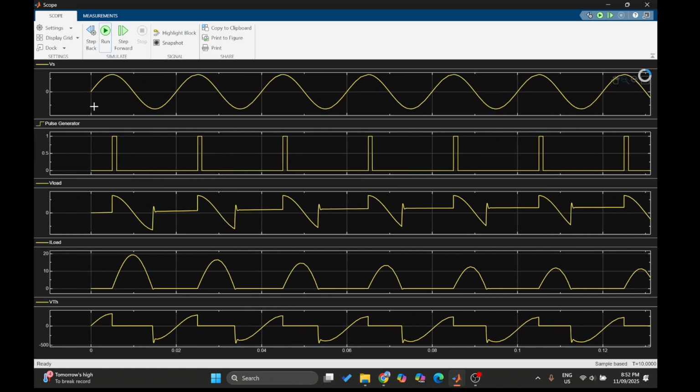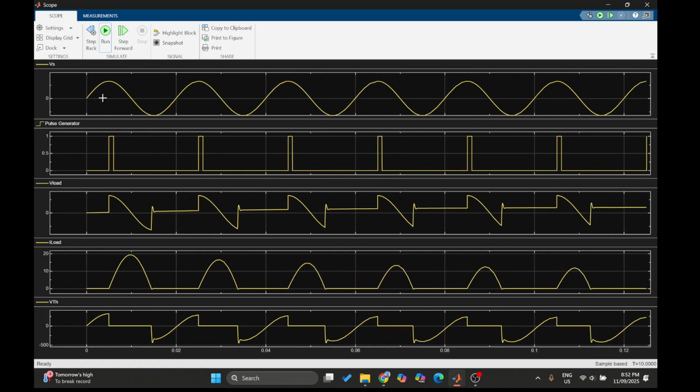What happens? The sinusoidal wave from here to here is the first positive half wave, and from here to here is the second negative half wave. So the positive half wave and negative half wave make one period.